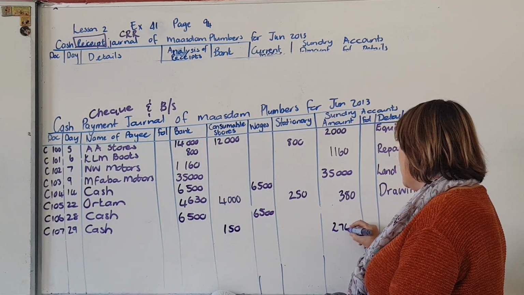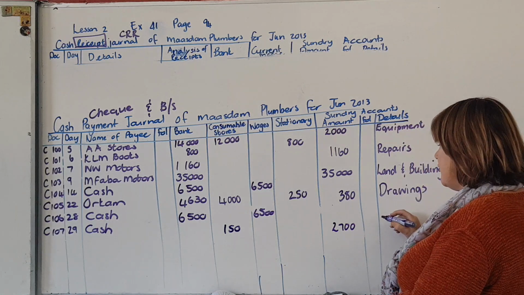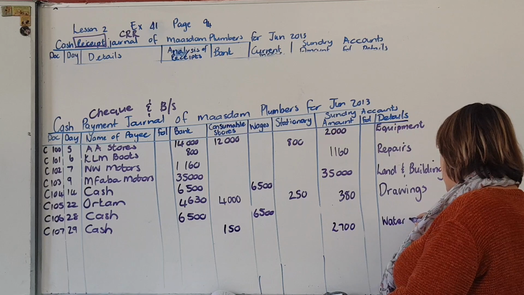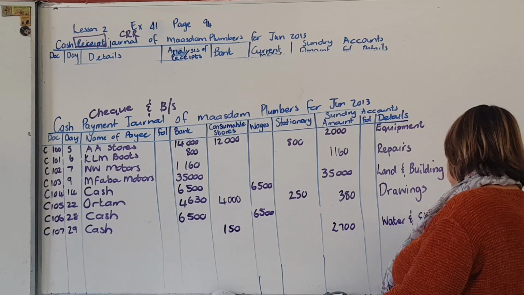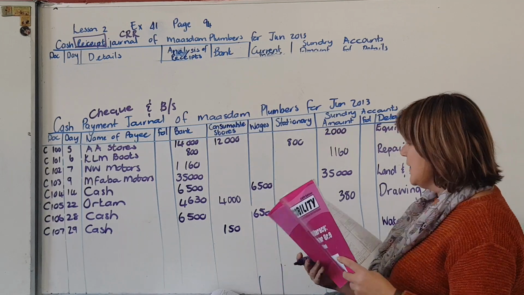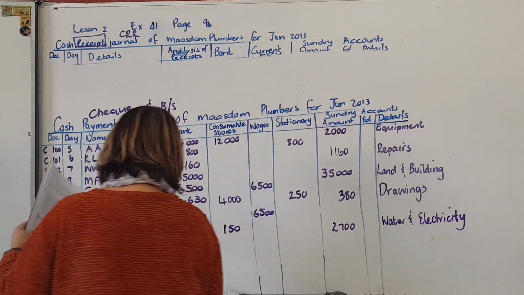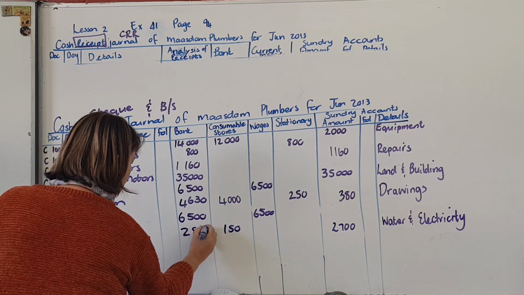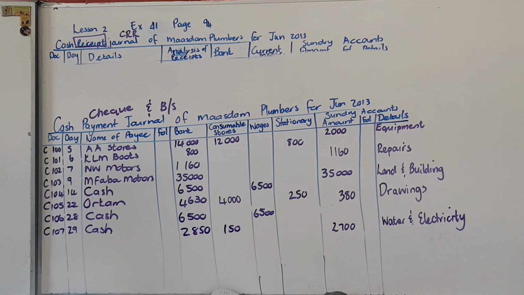But you do not have a column for that. So in your sundry accounts, 2,700 water and electricity. Alright? Then you have to add that, and if you add that amount, it's 2,850.